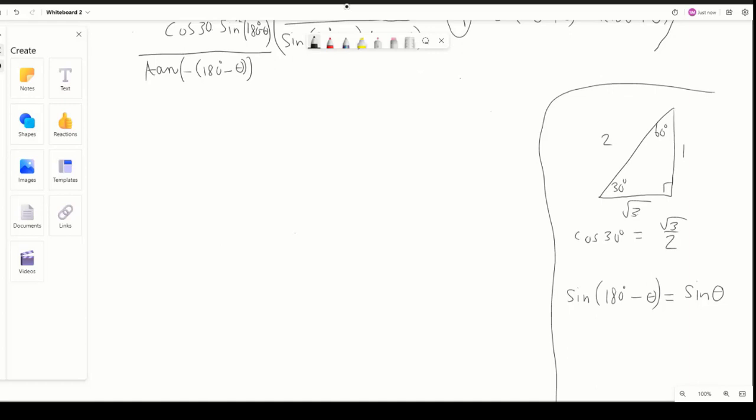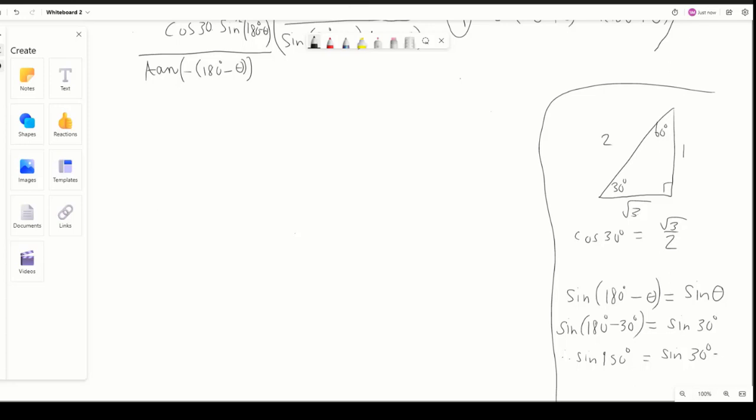So, for example, what I want you to check for me is the following. Check the sine of 150 for me, and see that the sine of 150 is the sine of 30. Do you agree that if theta is 30 degrees, the sine of 150 is the same as sine of 30, which is a half?